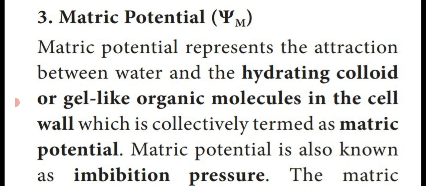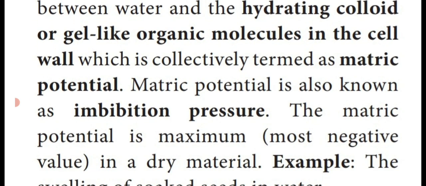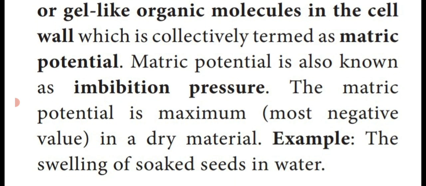It is the potential produced by the attraction between pure water and the hydrating colloidal substance or gel-like organic molecules in the cell wall, collectively termed matric potential. So this matric potential is also known as imbibition pressure.